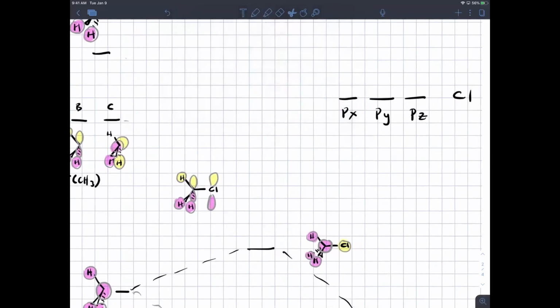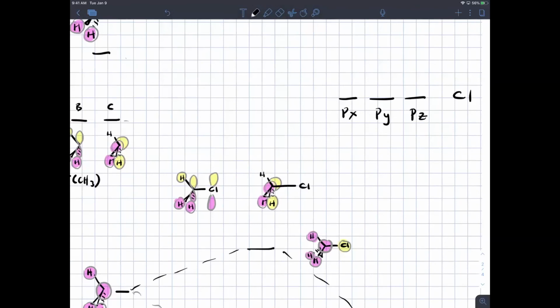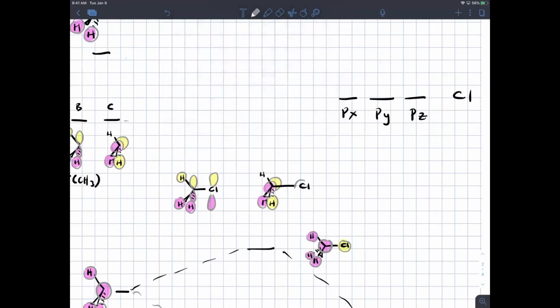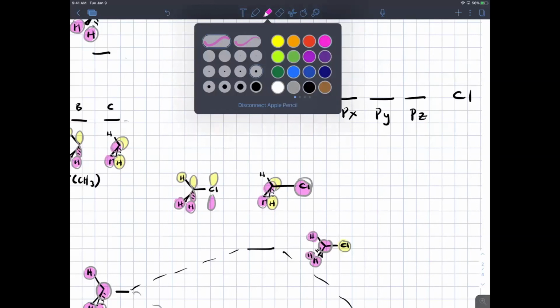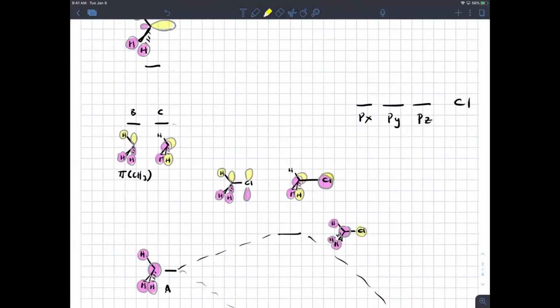And similarly, we could take the other pi CH3, the same in energy, and mix that with the py orbital on chlorine. Again, because I'm not confident in the relative energies of these pi CH3 orbitals and the chlorine p orbitals, I'm not making a big deal out of the orbital coefficients and which is bigger where.